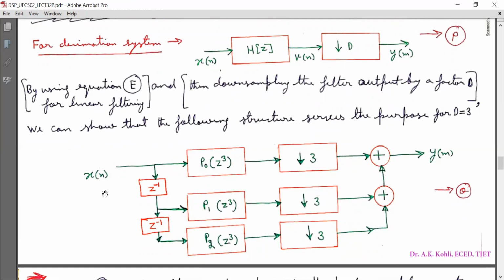Now x(n) is the input. The structure Q seems to be computationally inefficient.